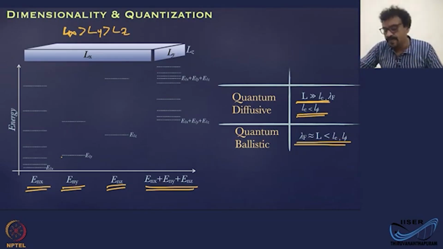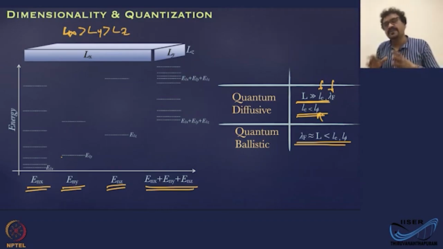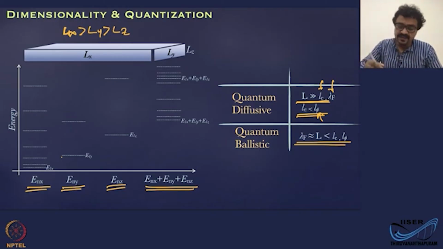So the elastic scattering length, Fermi wave vector, and the inelastic or phase coherence scattering length. The comparison of these scattering lengths with the dimension of the system, that is L, decides whether you will observe quantization or not.